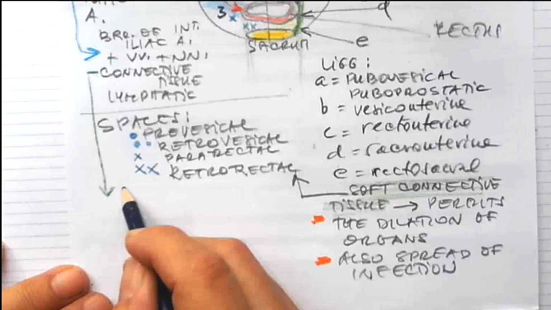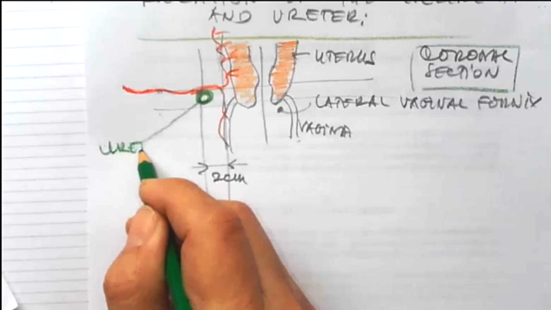Then drawing the position of the ureter. So ureter lies at this position, which is approximately 2 centimeters from the wall, at around 1.5 centimeters above the fornix, right? Because we have this place, we would add also one lymph node.